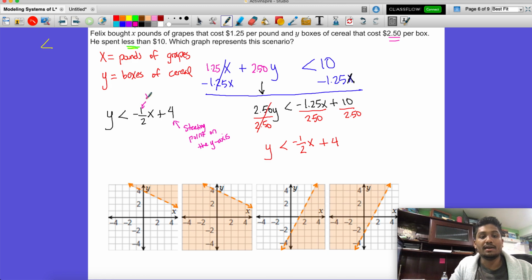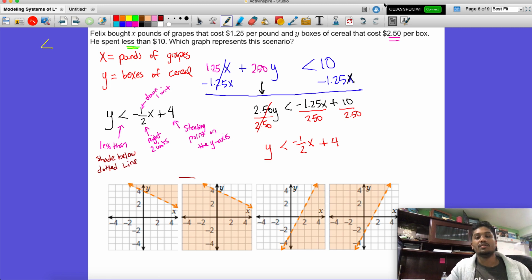This means that we're going to go down 1 unit. Each of these spaces there is 1 unit. Then we're going to check to see that we're going to the right 2 units. Then after all that's done, we have to check to see that this is a less than, and a less than means that we're going to be shading below. And it's a less than, so we're going to have a dotted or dashed line.